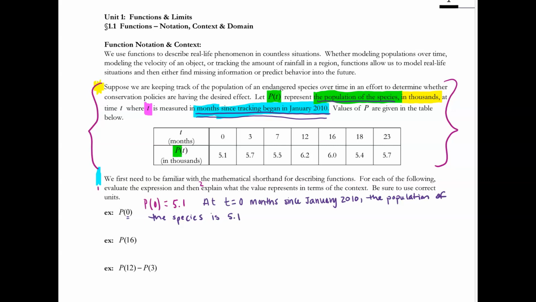All right, so what is P at 0? Well, P at 0 is 5.1, but 5.1 what? Well, 5.1 thousand, and this is where the wording of the original problem I think is a little confusing for me, because it's not 5.1 thousand species, like those would be different types of species. I'm just going to say 5.1 thousand individuals.